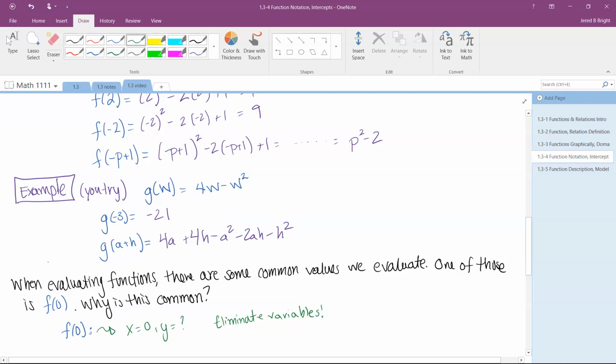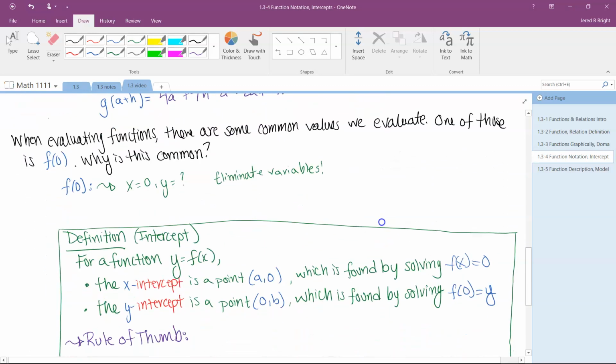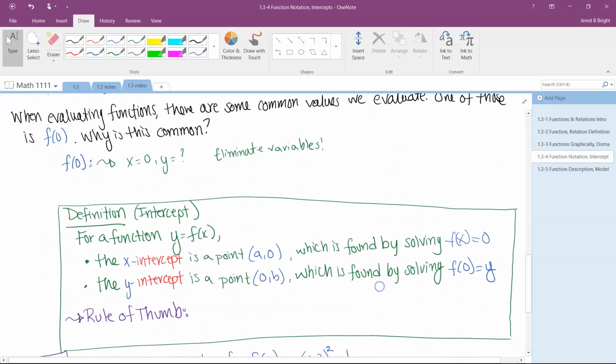Now, what are the other common ones? I want to talk about intercepts. When we do f of 0, that's actually finding one of the two intercepts of a function. The x-intercept is a point, and I have to stress that: when you report it, it is a point, not a number. It is a point a, comma 0, and we find it by solving f of x equals 0.